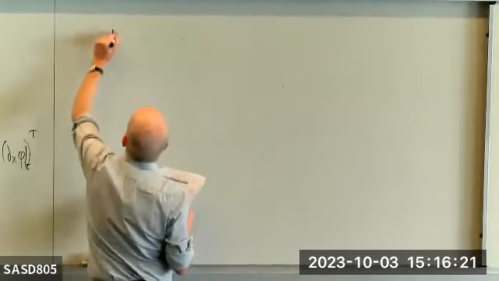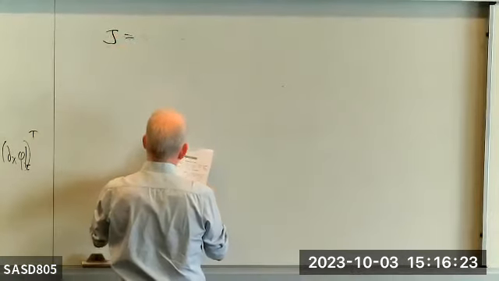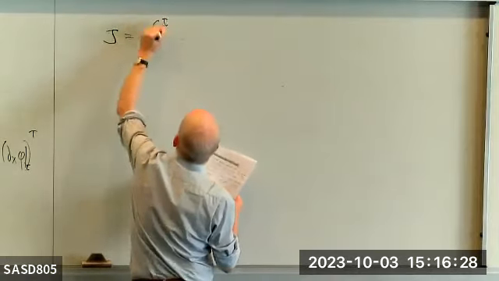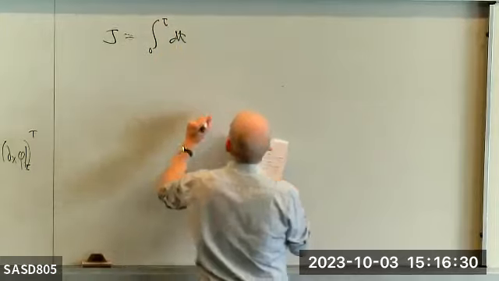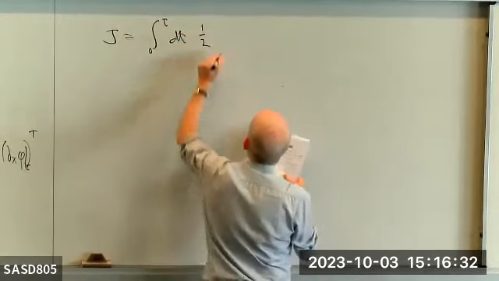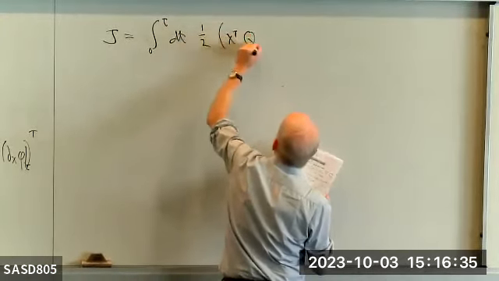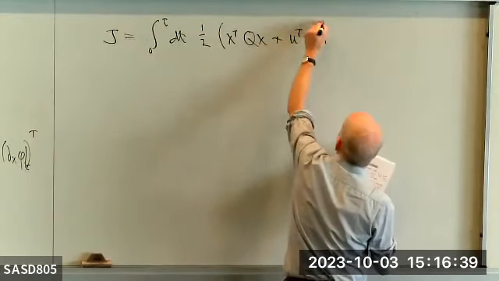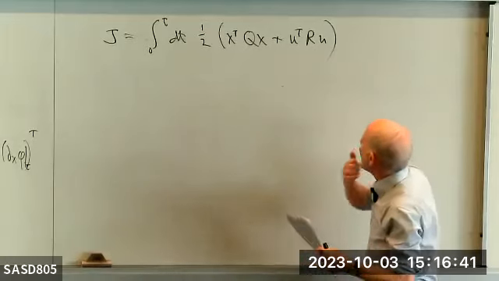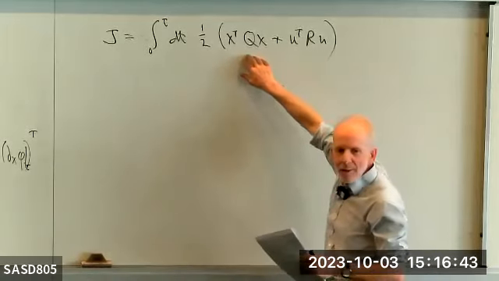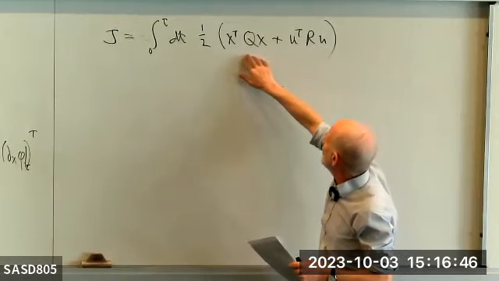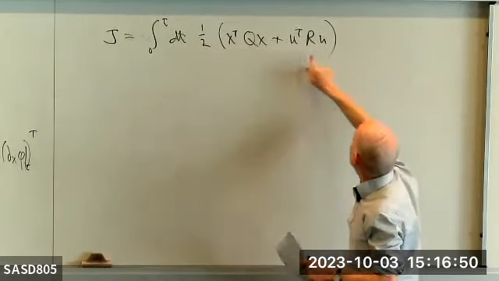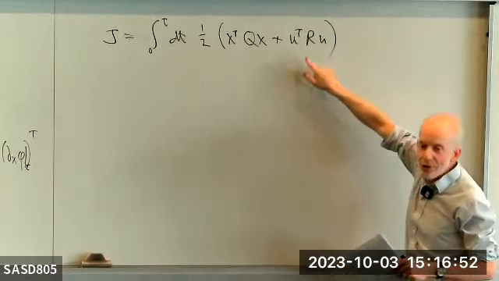So the J is going to be, I'll ignore the end costs, the integral from 0 to tau dt of, my L will be a half. Before we had a half q x squared, but now we're thinking about a general case where x is n-dimensional, so this could be an n by n matrix, and we might have more than one input, so this would also be a matrix.